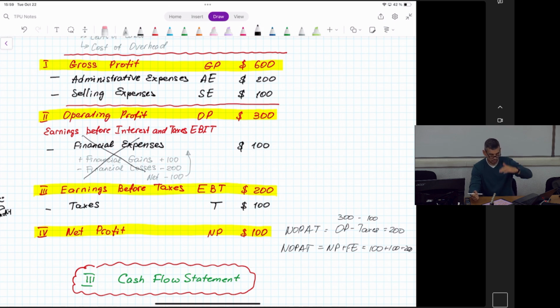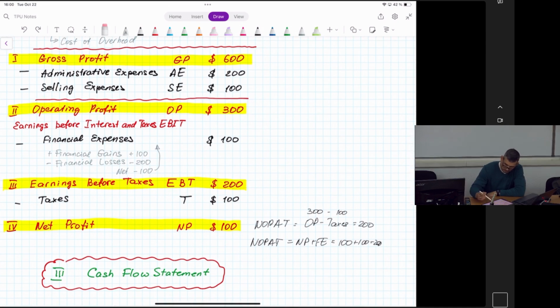You go to the operating profit and then subtract the taxes without subtracting the financial expenses. Okay, so that's the idea. I'm not going to keep it here. We don't need it. Now you already know what it is.